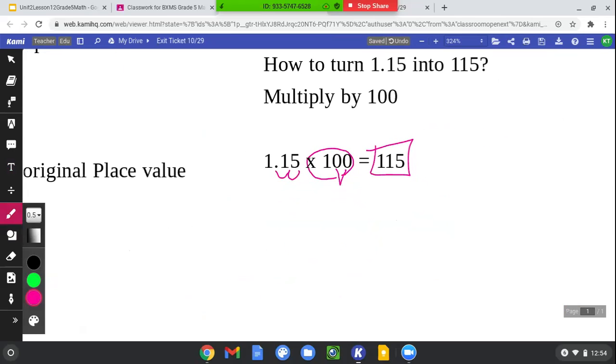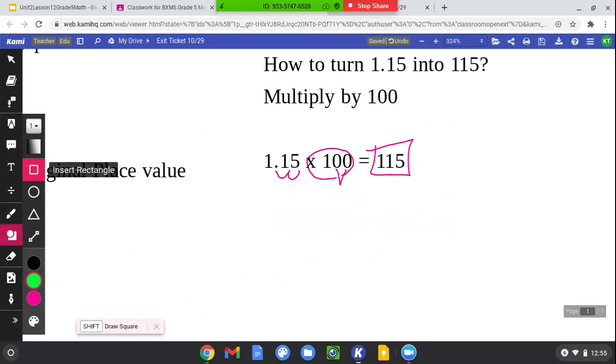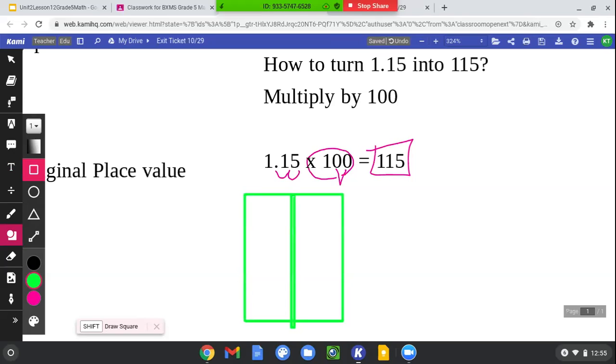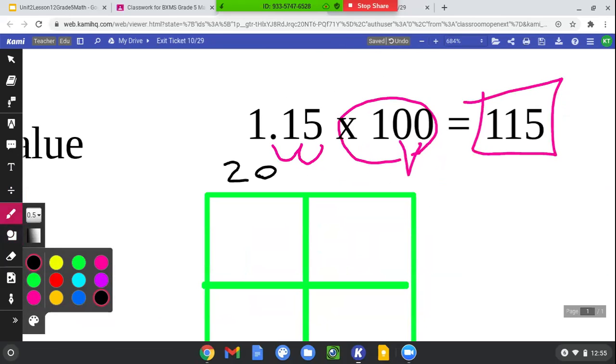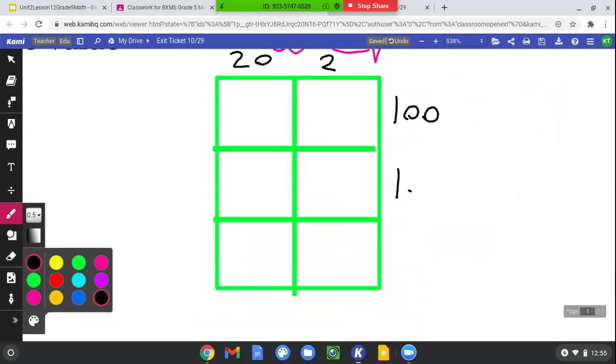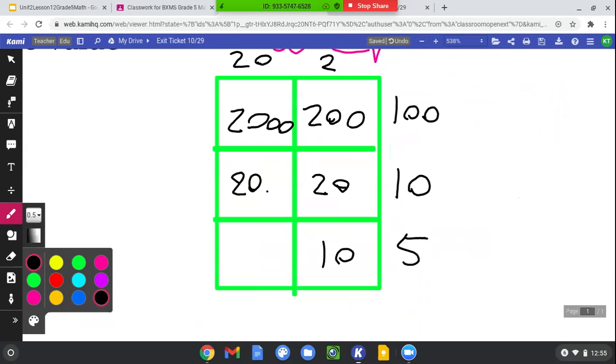So let's make a quick array. So if we were going to do 22 multiplied by 115, let's get to work. 200, 2,000, 20, 10, 200.